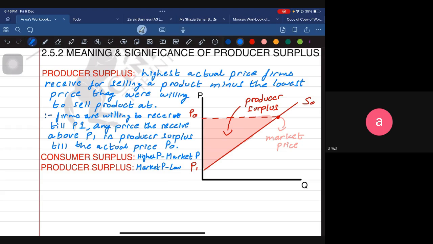Yeah, lowest. That's the lowest price they're willing to accept. It's a bit confusing, but we have to cater to this. So in consumer surplus, the lowest price is the market price. And in producer surplus, the highest price is the market price, right? Yes, sir. You can make this and then we'll move forward.